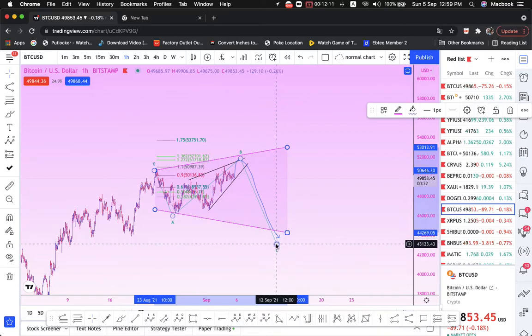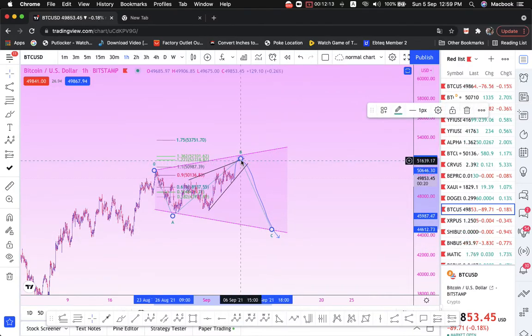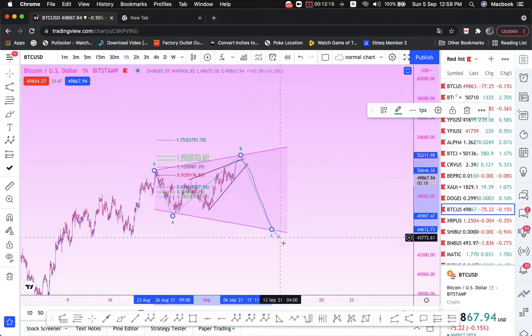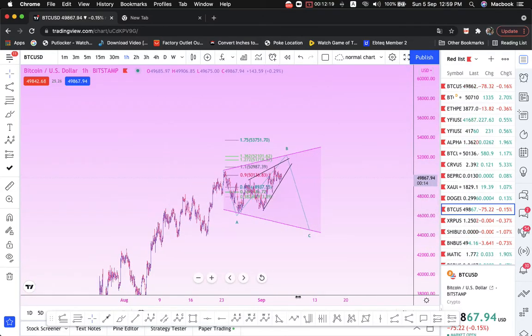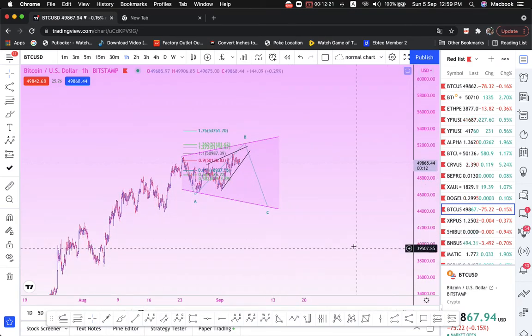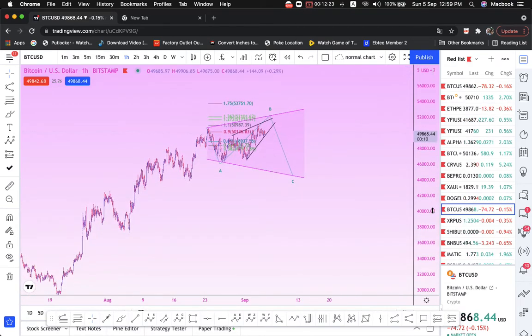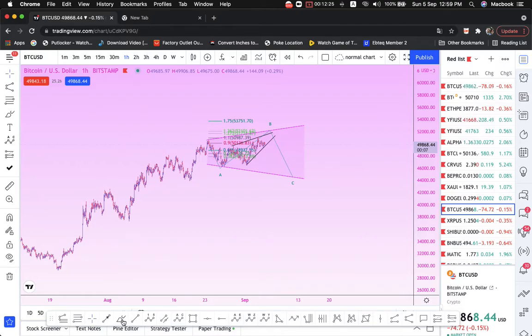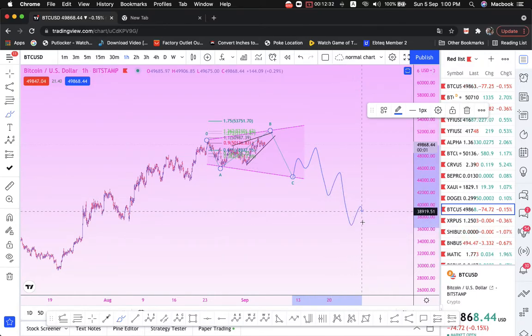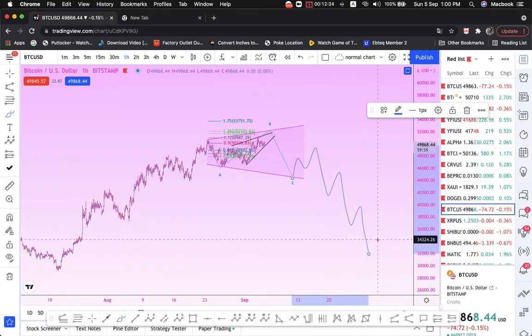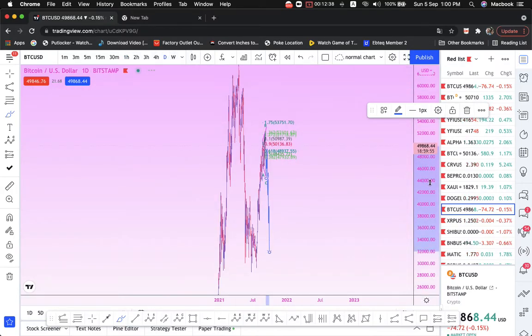Okay, so the B wave, the C wave could go somewhere like this, depending where it lands. Then you get a continuation to the upside again. Of course, the market could do a 3-wave up and then make another 5-wave down and correct really deep. All right, but overall view, it's going to look amazing, guys.